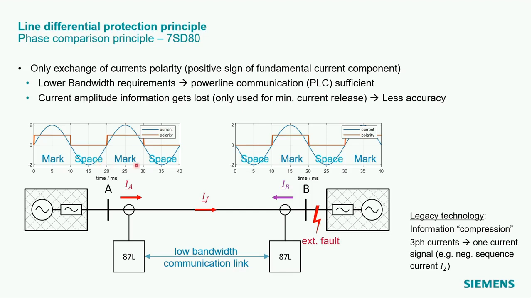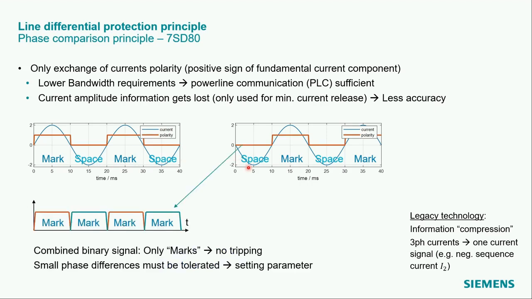This is done at both terminals. The local binary sequence of marks and spaces is combined with the received binary information, as shown here. The combined binary signal only contains marks for the external fault, and this does not lead to a trip condition.